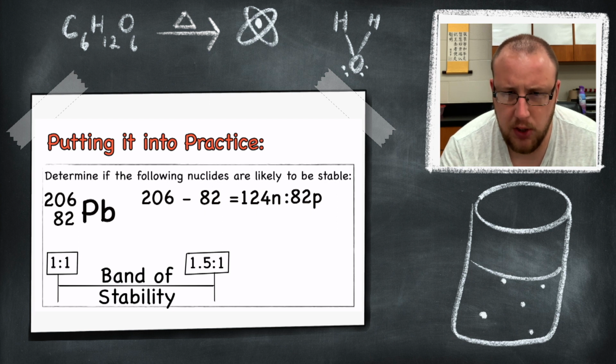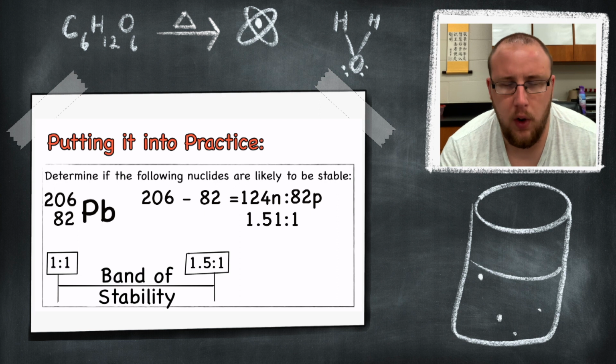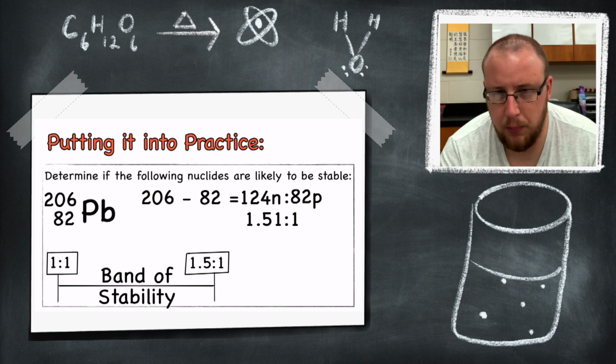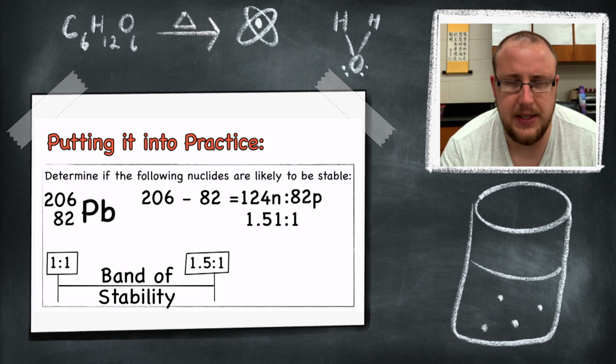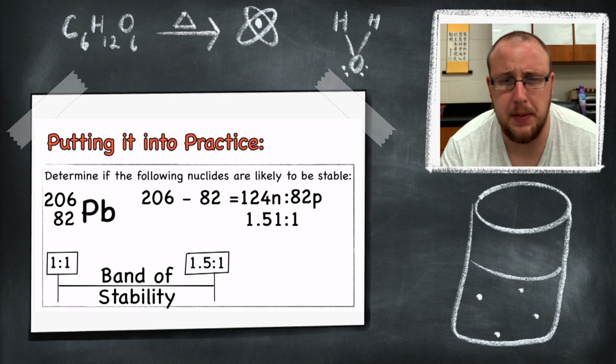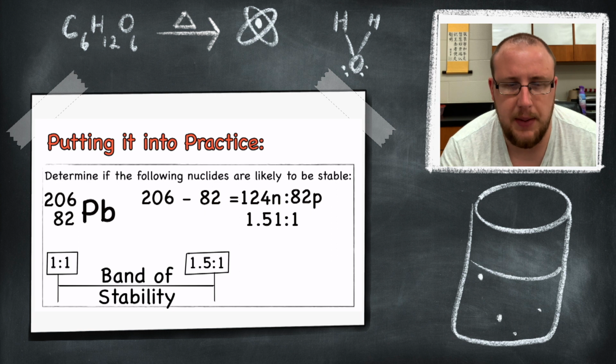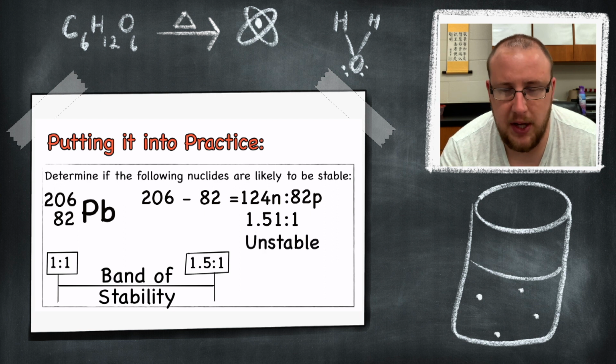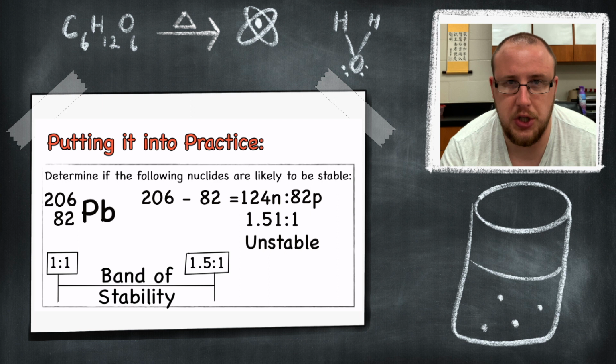If we reduce that down, we get roughly 1.51 neutrons to 1 proton. So that's on the top end of our ratio. That's above the 1.5 that is our top end. So that means this is actually a very unstable atom, and it's probably going to switch to its more stable form.